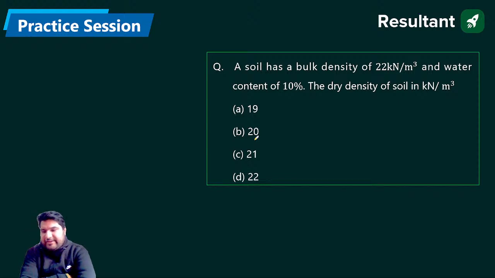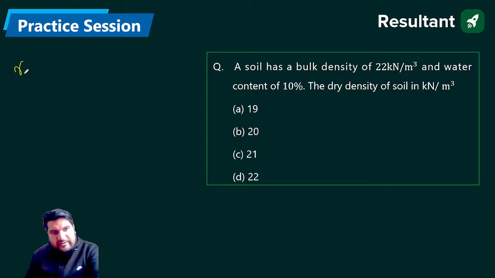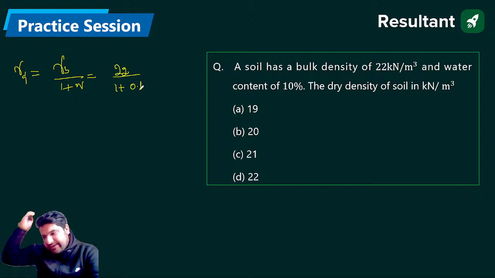Okay, thank you. So we have to find out the gamma d value. Your gamma d value is gamma bulk upon 1 plus w. The gamma bulk value is 22 upon 1 plus water content. The water content is 10%, that can be written as 0.1.